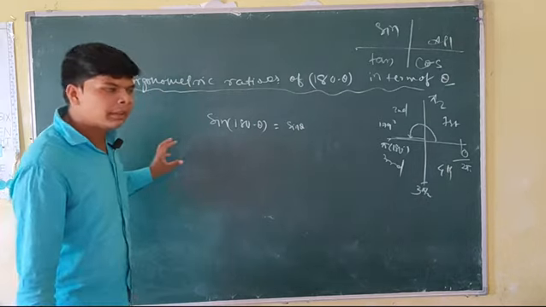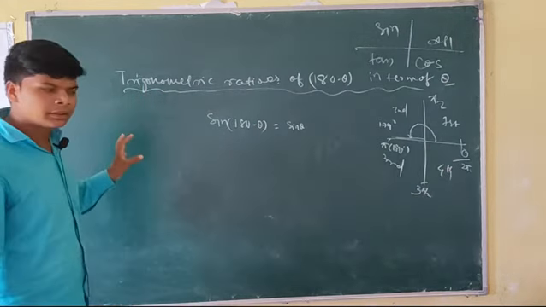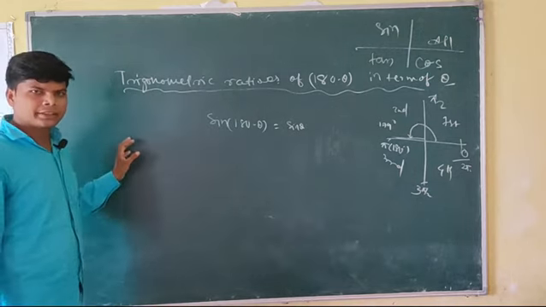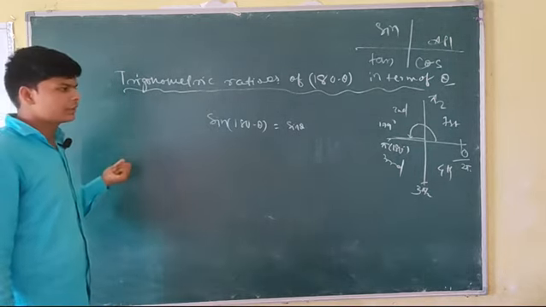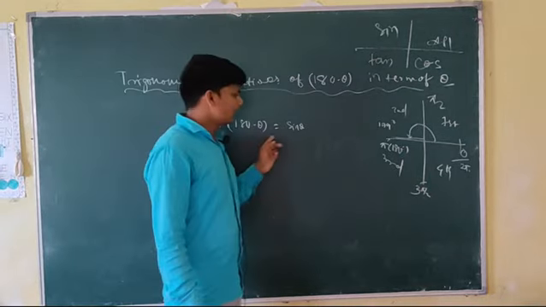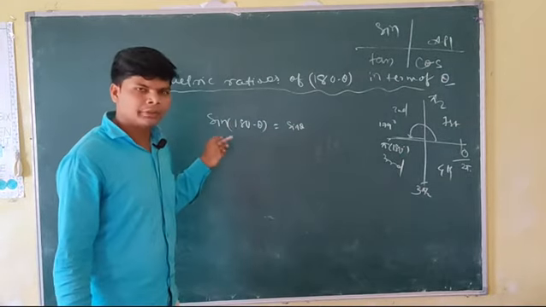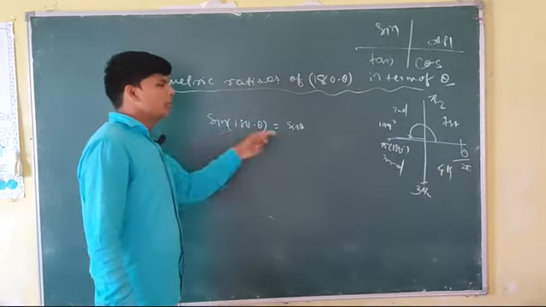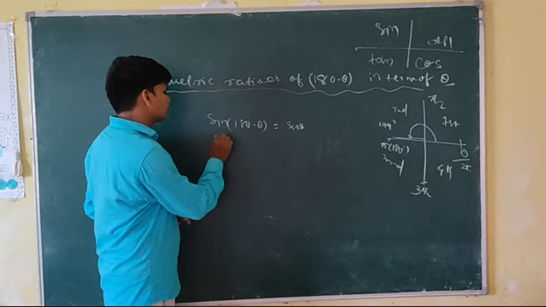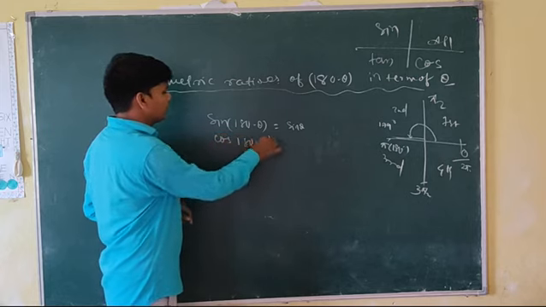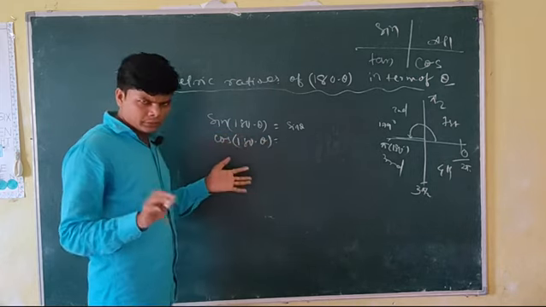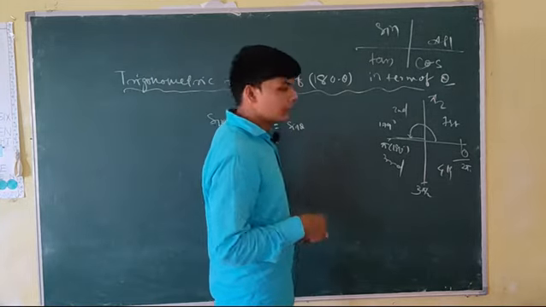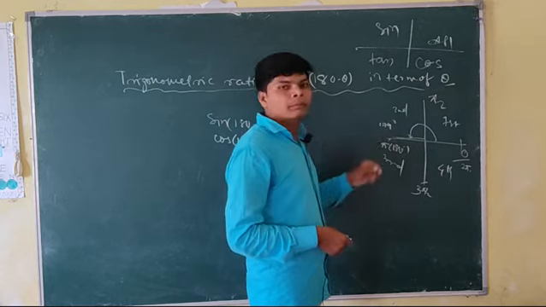In the case of complementary angles, the ratio changes: sin becomes cos, cos becomes sin, the name of the ratio is interchanged. But here the ratio is the same as before. Here cos(180 - theta) will be cos theta, but we will decide whether it is negative or positive.